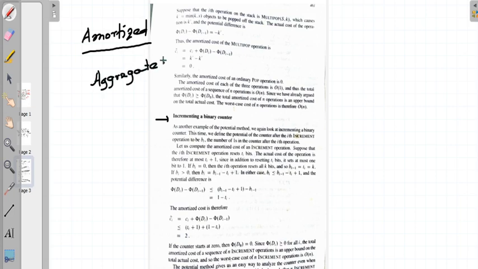And today we will see how that problem, incrementing a binary counter, can be analyzed using the potential method.